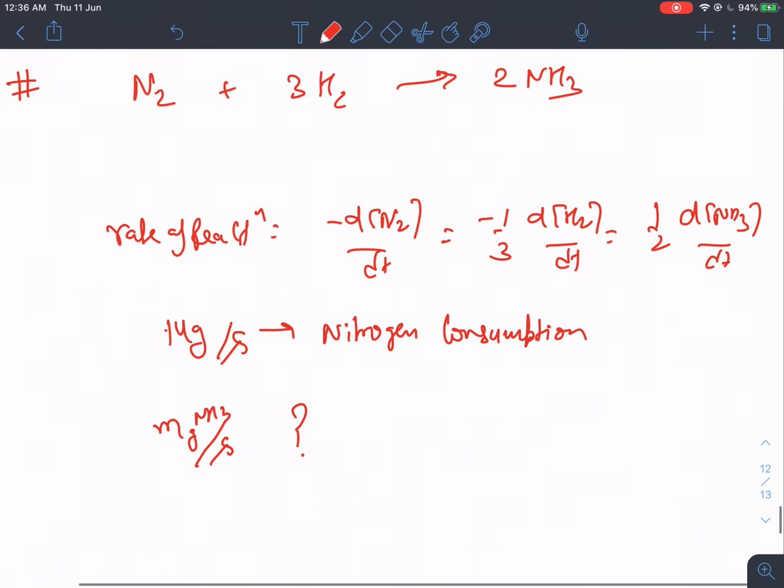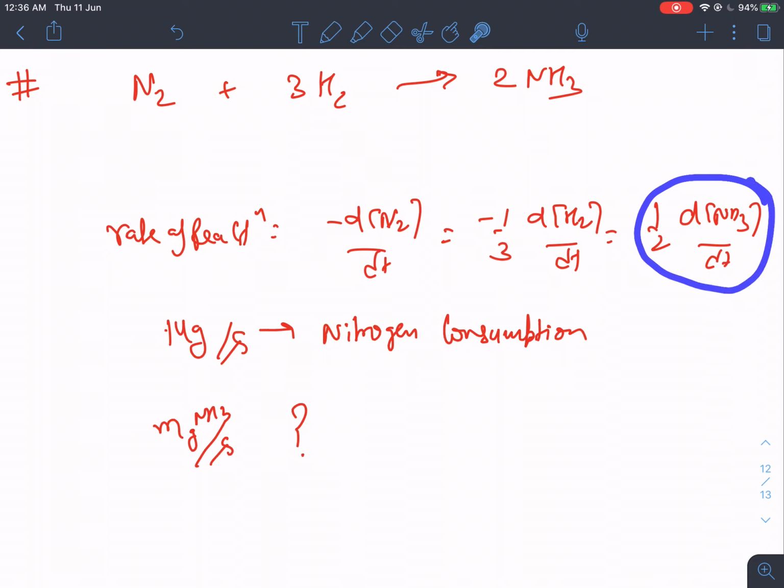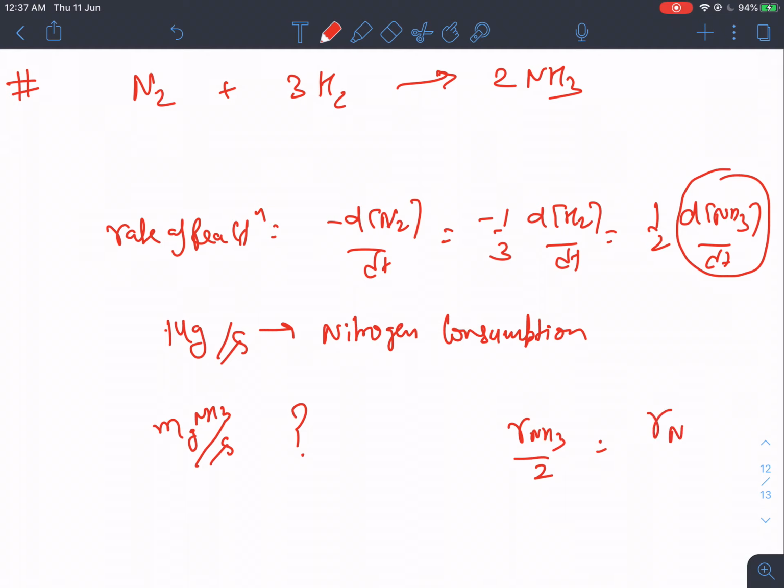You know the biggest mistake that students used to commit, that they will take this figure and equate it directly. No, that's not the mistake, guys. What you will say is that the rate of ammonia production divided by 2 is equal to the rate of nitrogen consumption. So the rate of ammonia will be double the rate of nitrogen. Till here it is okay.